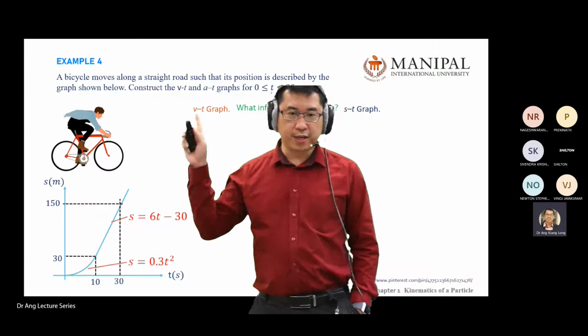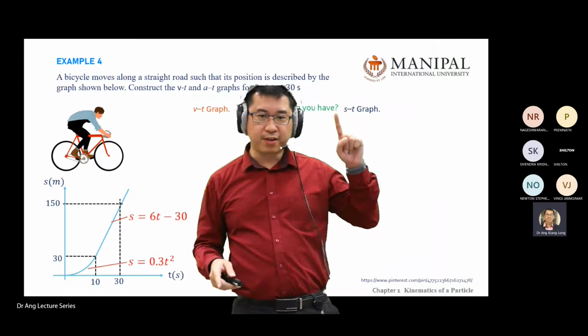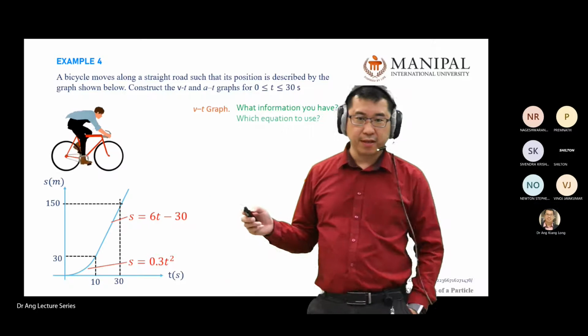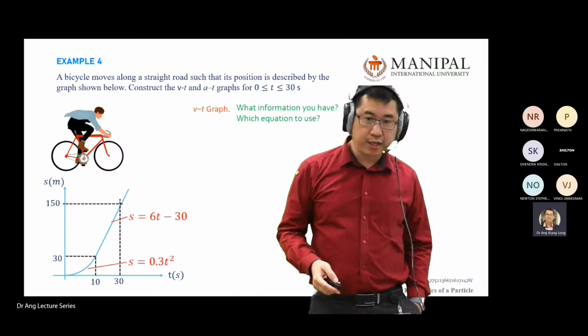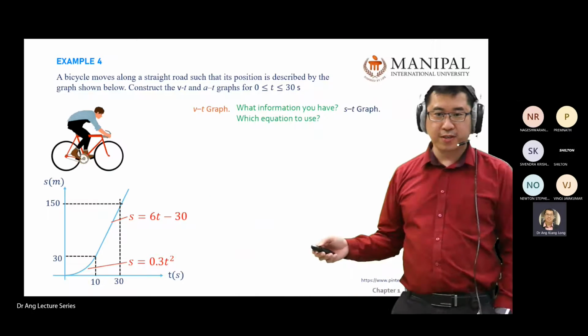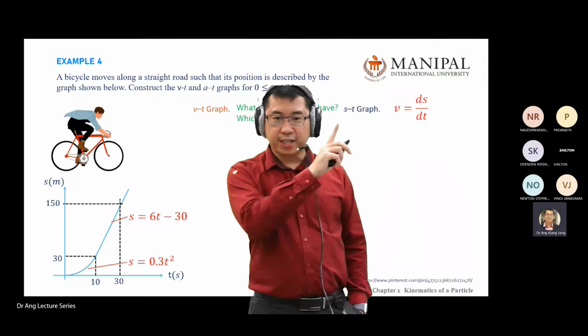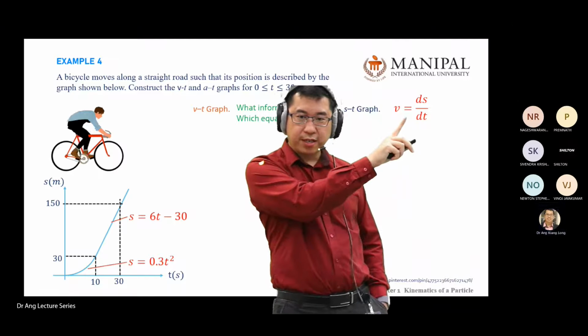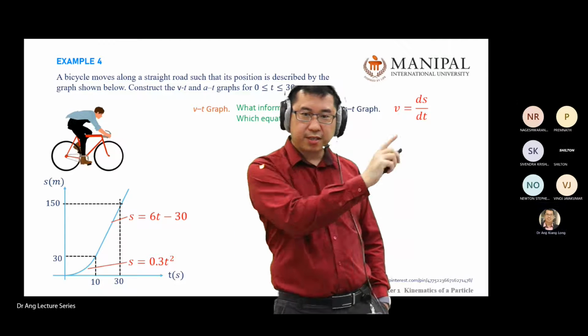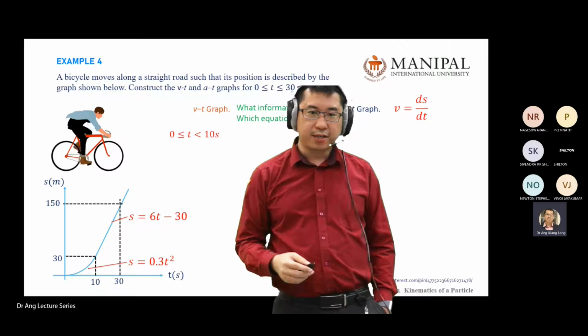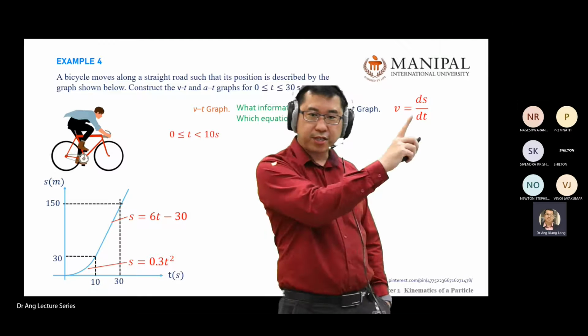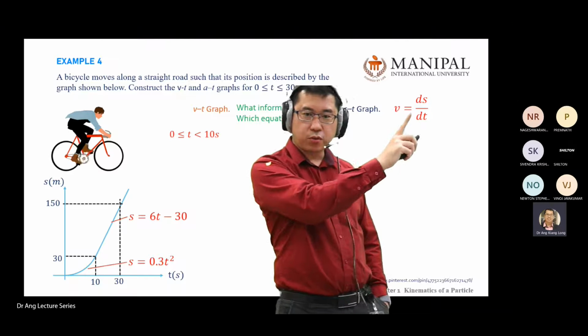The information you have is an ST graph. Which equation do you use? Again, give the definition of velocity: V equal to ds dt. Acceleration: A equal to dv dt.